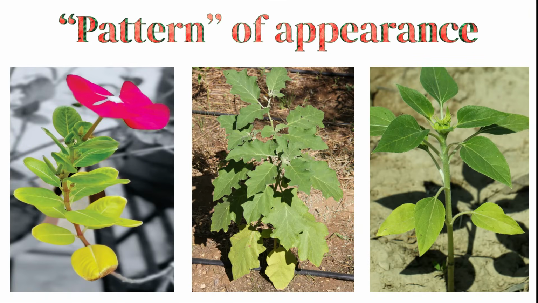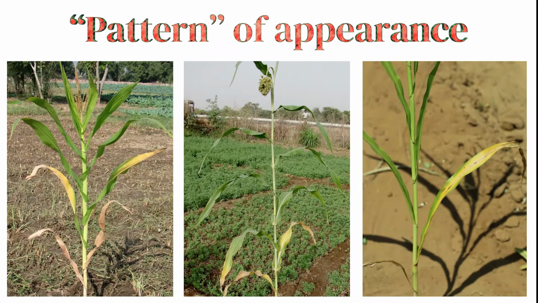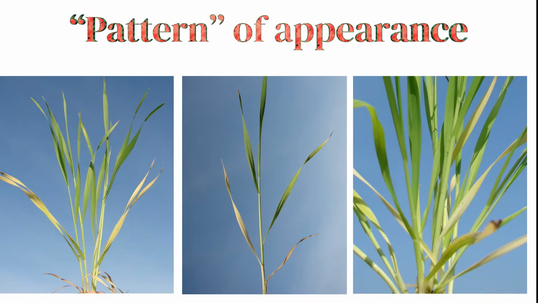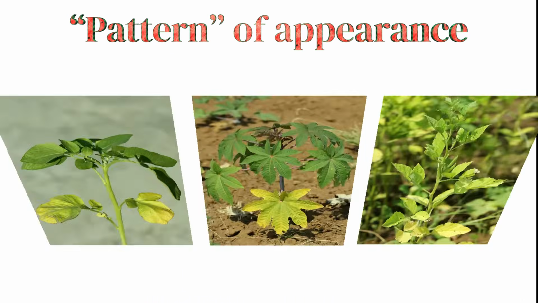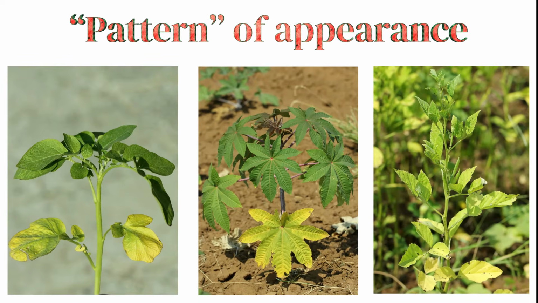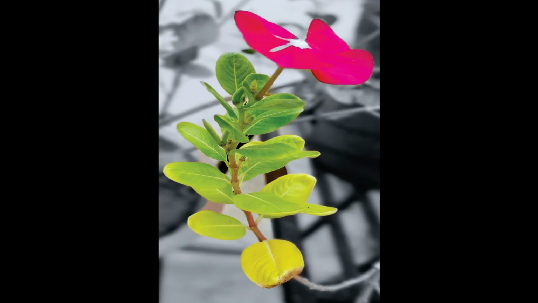Now, pattern of appearance. The deficiency symptoms of nitrogen appear first and become more severe on older leaves. We may observe a clear color difference in older leaves and younger leaves.